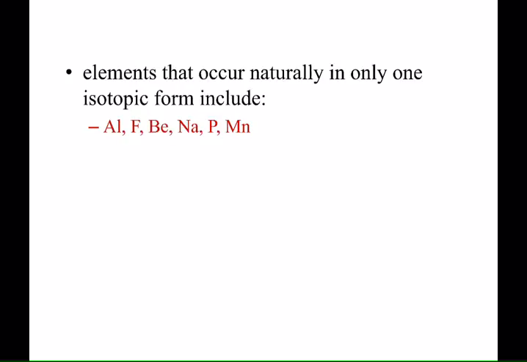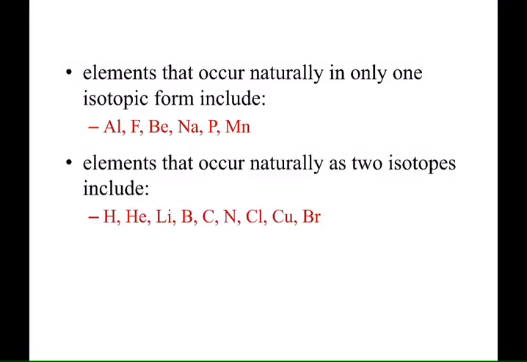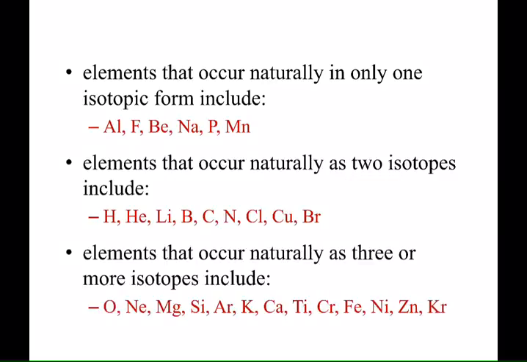These actually occur only in one isotopic form. You don't have to memorize these. These have two isotopic forms that naturally occur. And then these have three or more isotopic forms that occur in nature.